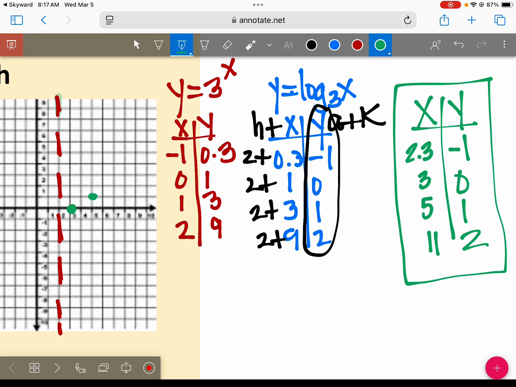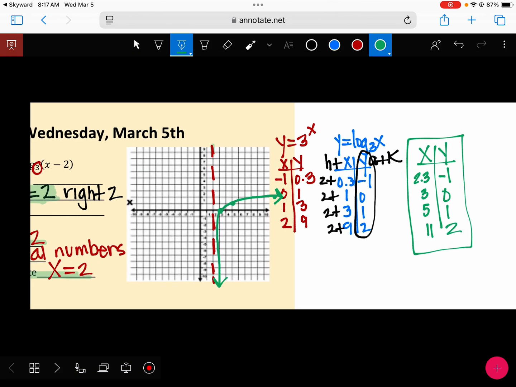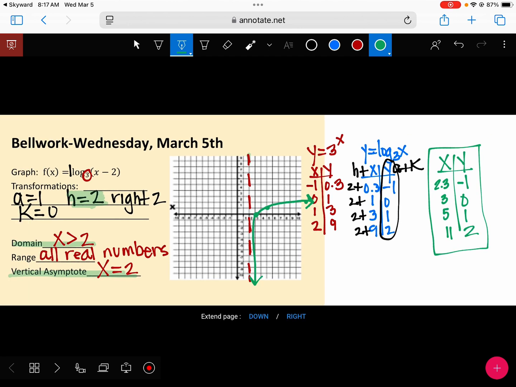And 11 doesn't fit, but I'm just going to pretend. I'm going to just put it right off the graph there. But regardless, you should kind of know the shape of your graph. So this is what your graph should look like. And I'll zoom back out so you all can see everything. And that is your bell work.